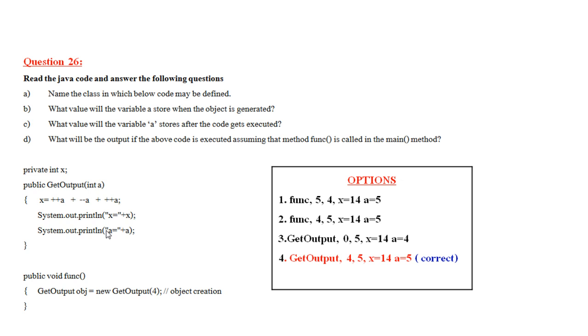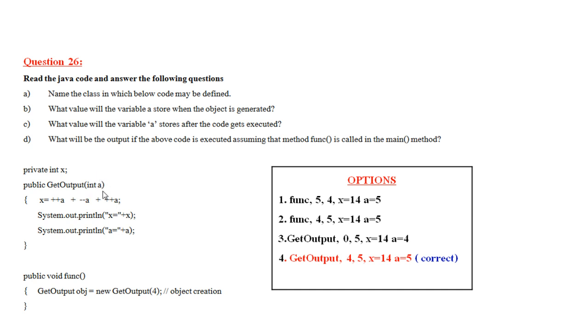And then you are creating another method called func, right? There you are creating obj object of the class, and when you're creating the object you're passing value 4. So you're actually calling the constructor, get output, and you are passing 4.